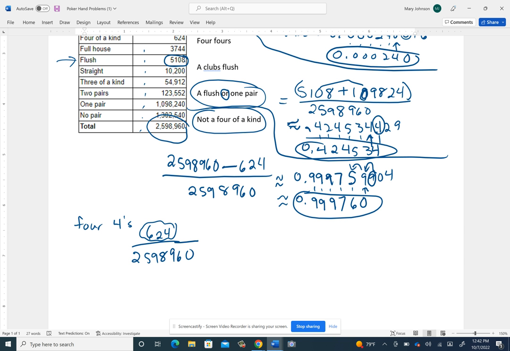And a 4 is one of 13 cards, right, in each suit. So I would really be thinking this, well, there's 4 4s in the 52 cards. Okay. I really need to multiply by, that's the same as multiplying by 1/13. 8960.